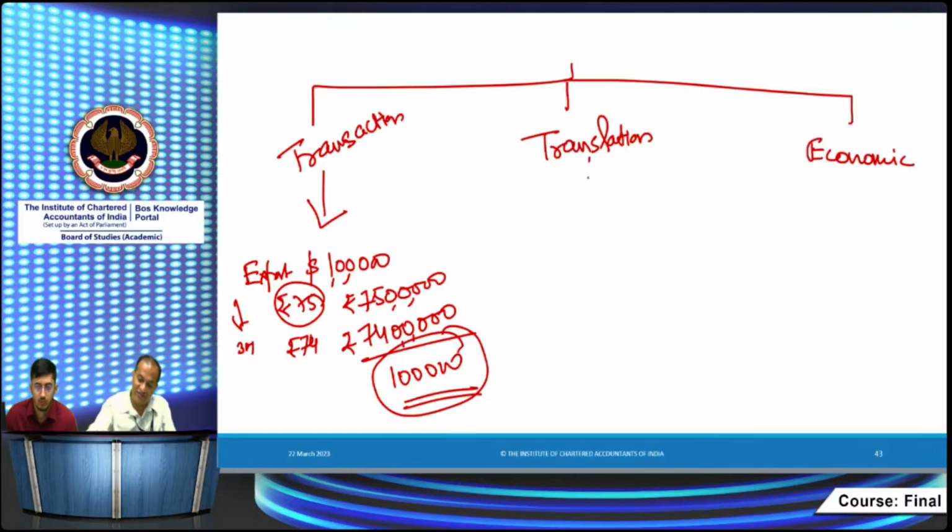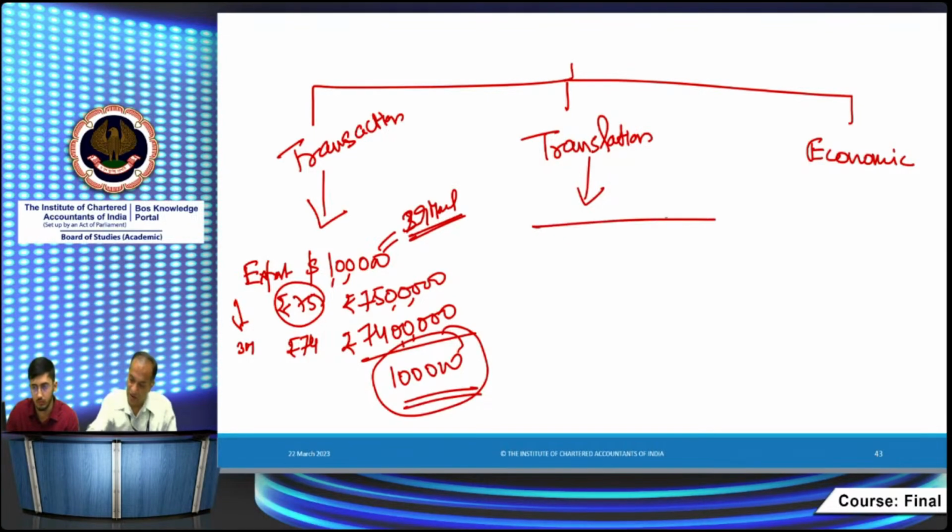Next is translation. Just continuing the same example, suppose this billing has been carried out on 29th March. Of course, the remittance has to come somewhere in June. Now what happens? They have to book this amount in their books.